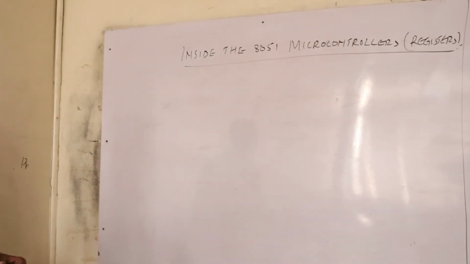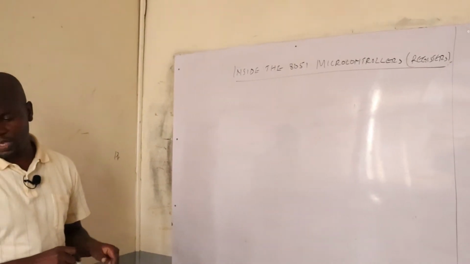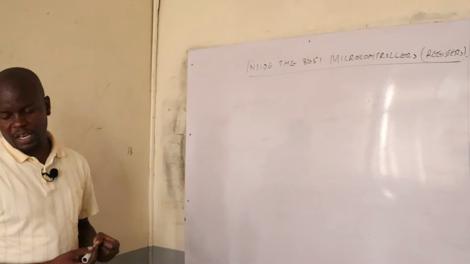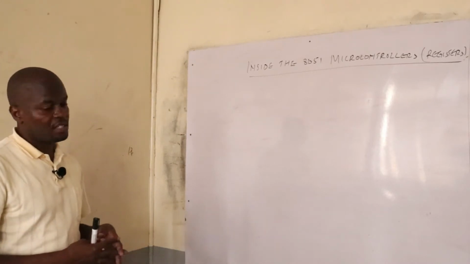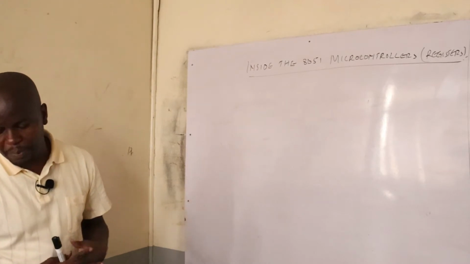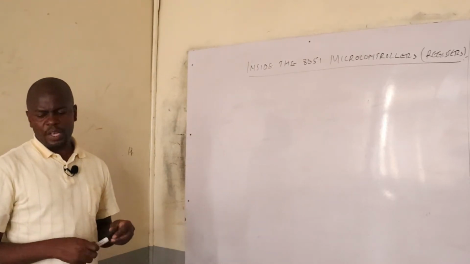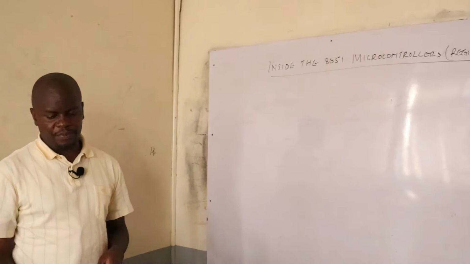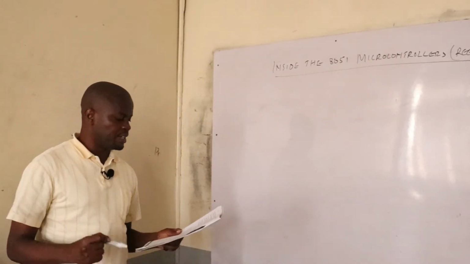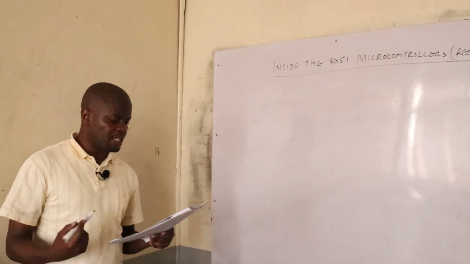These ones we will later illustrate by looking at instructions like move and add, and also other assembly and machine language, and define such terms as mnemonics, opcode, and operands. The 8051 microcontroller, as we said earlier, is an 8-bit register.